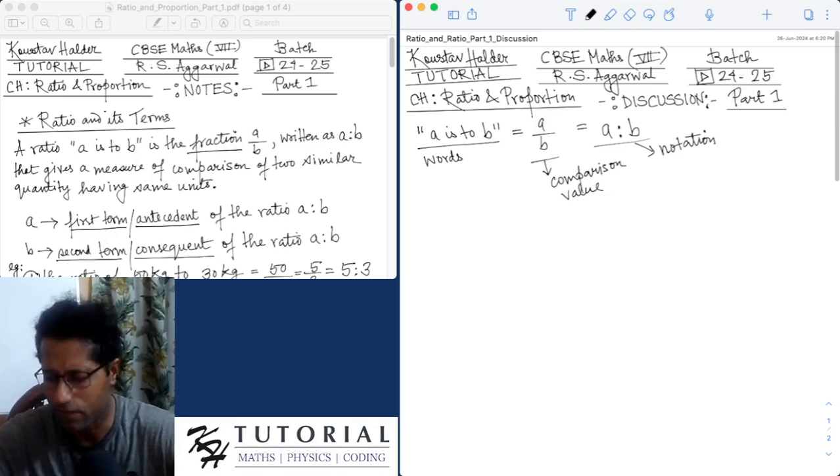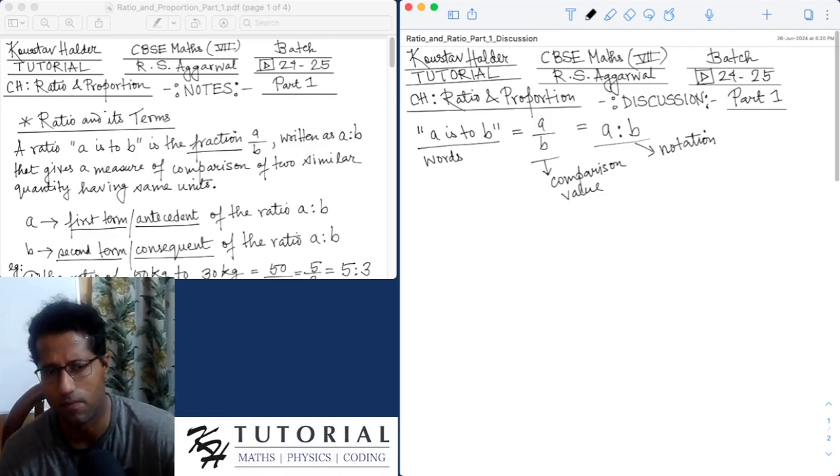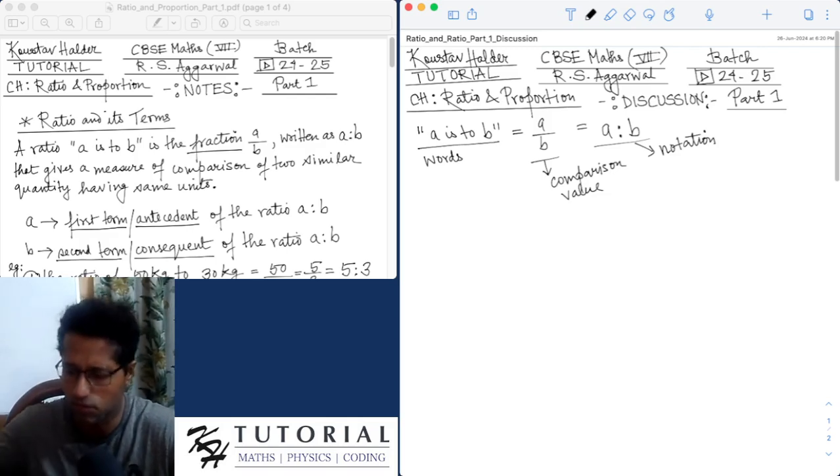So when we say a ratio, it actually gives a measure of comparison of two similar quantities having the same units.